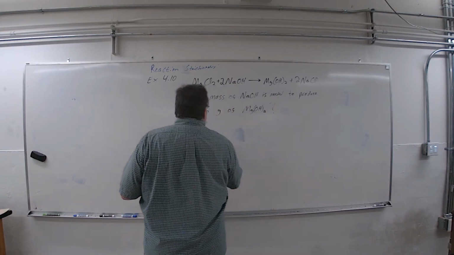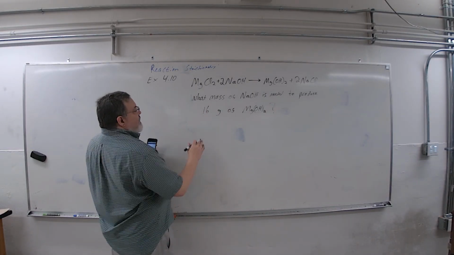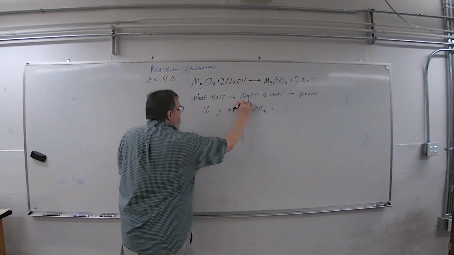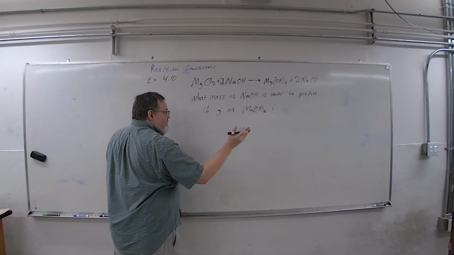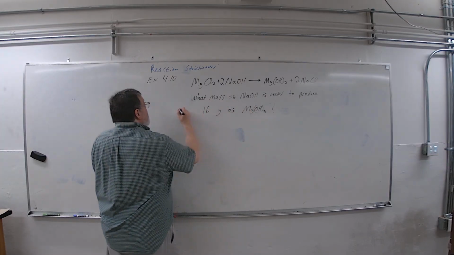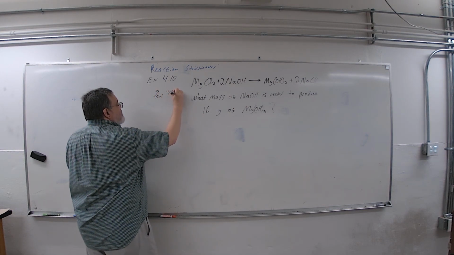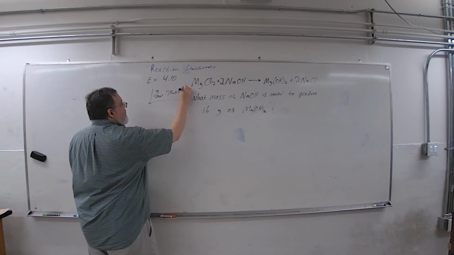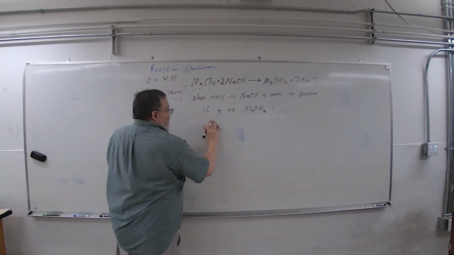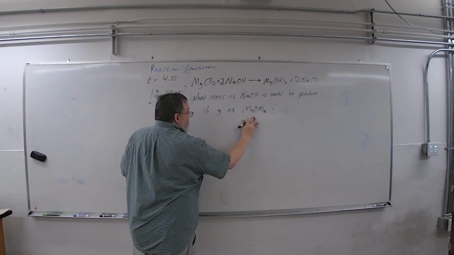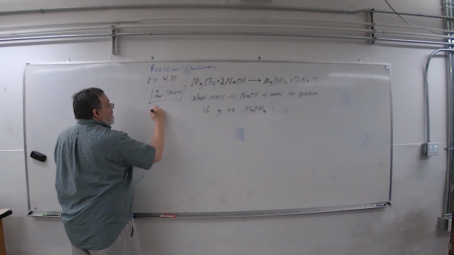Okay. So notice this. Mass of NaOH: as soon as you see mass, it could say grams. Mass of NaOH tells you you're going to need grams per mole of NaOH. And also, 16 grams of this, you're going to need the grams per mole.